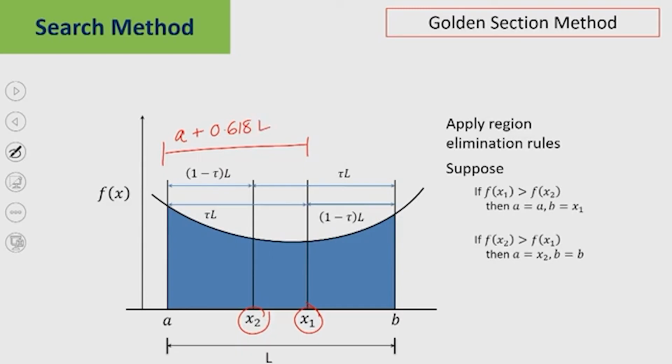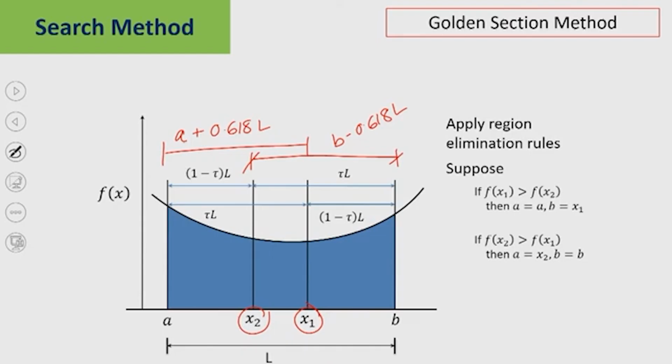L is the absolute value of A minus B, and similarly I am taking another point x 2. So, x 2 is B minus 0.618 L. So, you are taking 2 points here. In case of interval halving, you have taken 3 points, but here you are taking 2 points.